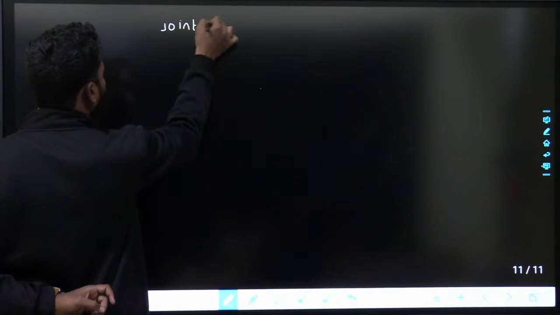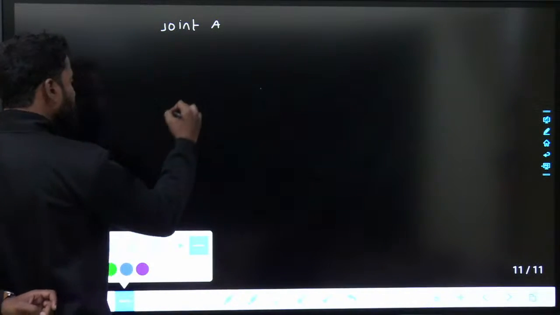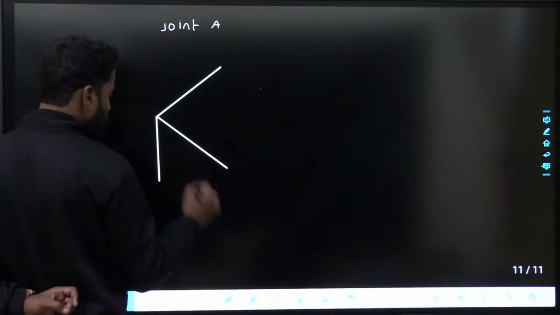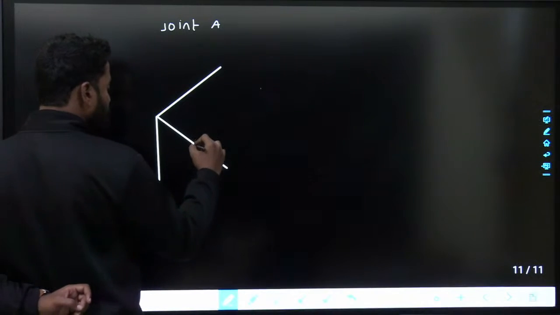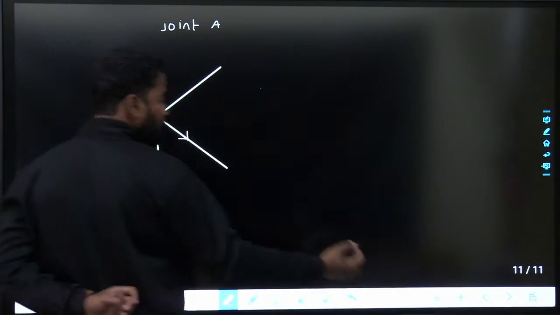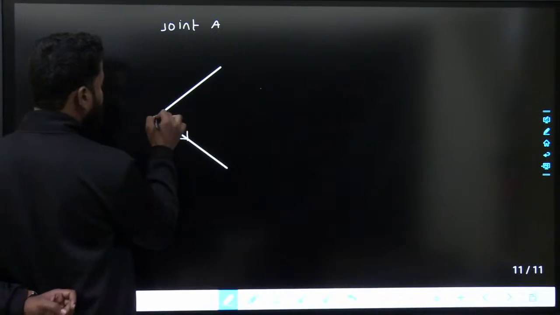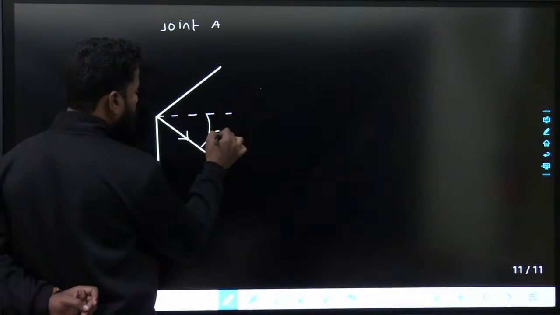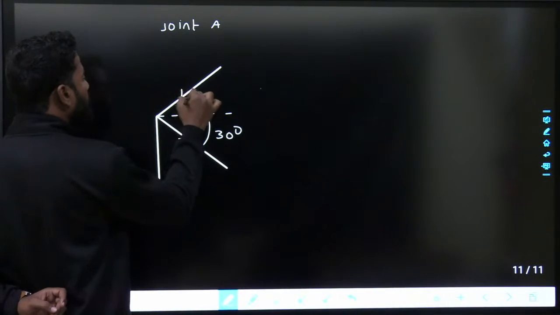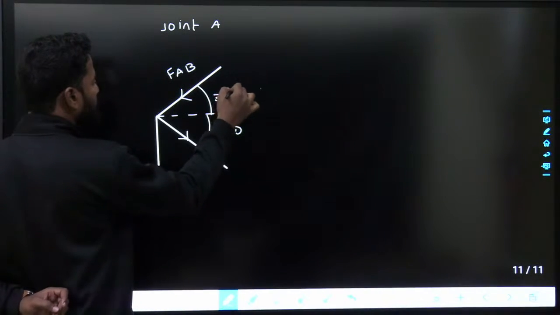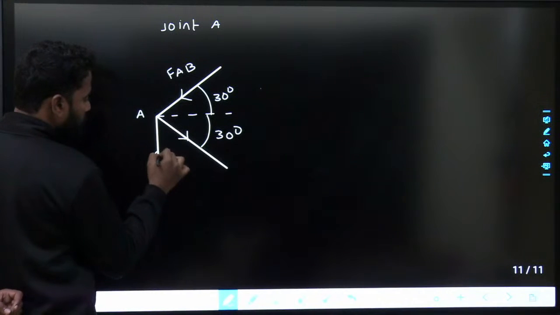AC is away from the joint, at 30 degrees. Assume AB something like this, FAB, also at 30 degrees, and this is FAF, let us say.